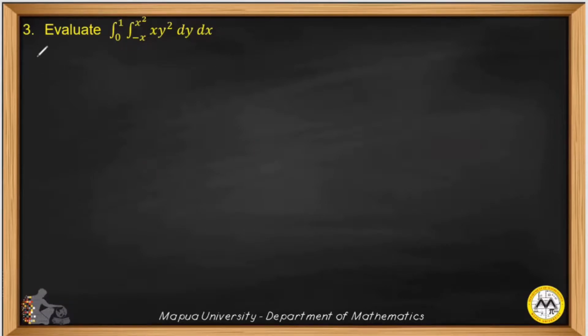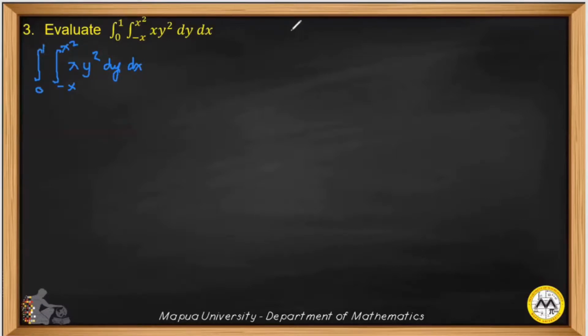So we can now proceed to the evaluation of the double integral of xy squared dy dx, where y goes from negative x to x squared and x goes from 0 to 1.